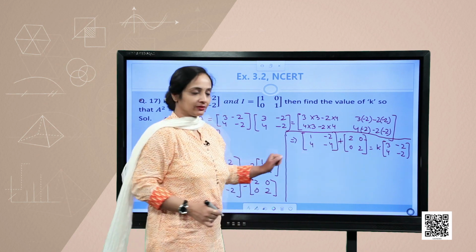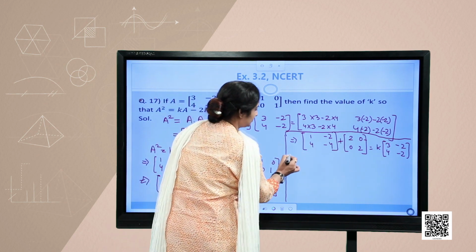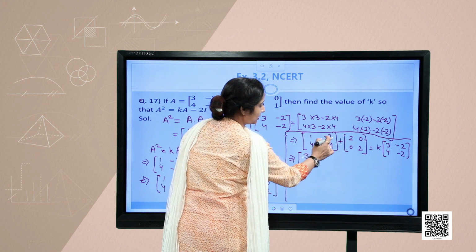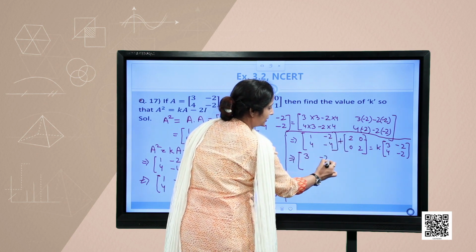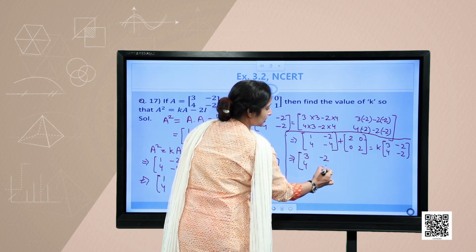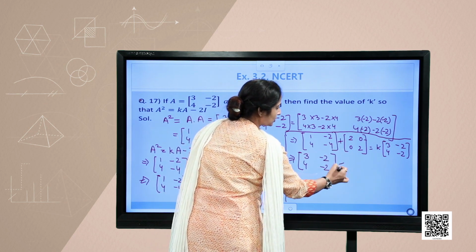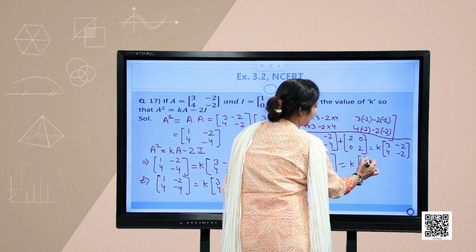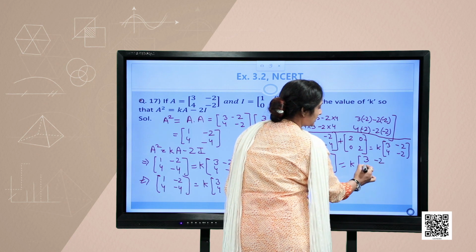So let us simplify this matrix equation now. 1 plus 2, 3 minus 2 plus 0, minus 2, 4 plus 0, 4, minus 4 plus 2 is minus 2. This is equal to K times matrix A.